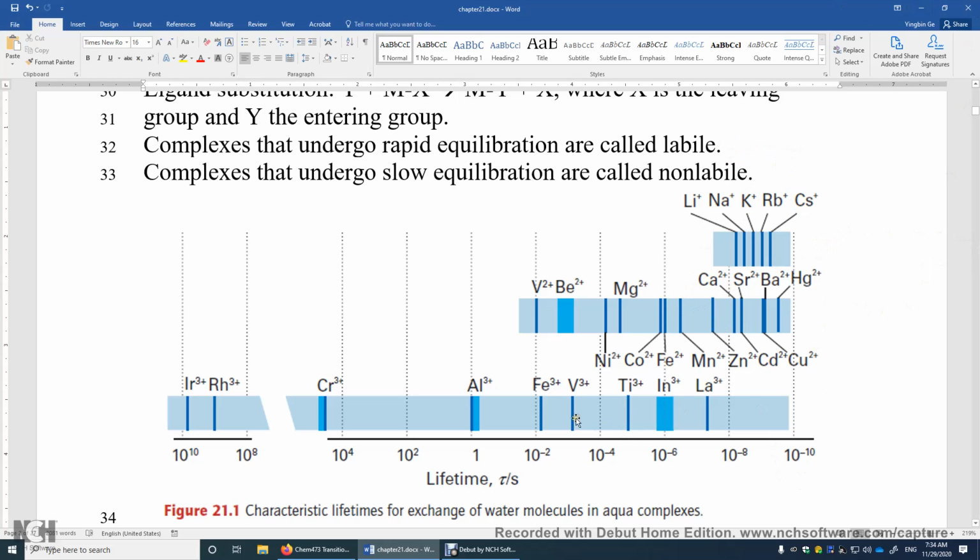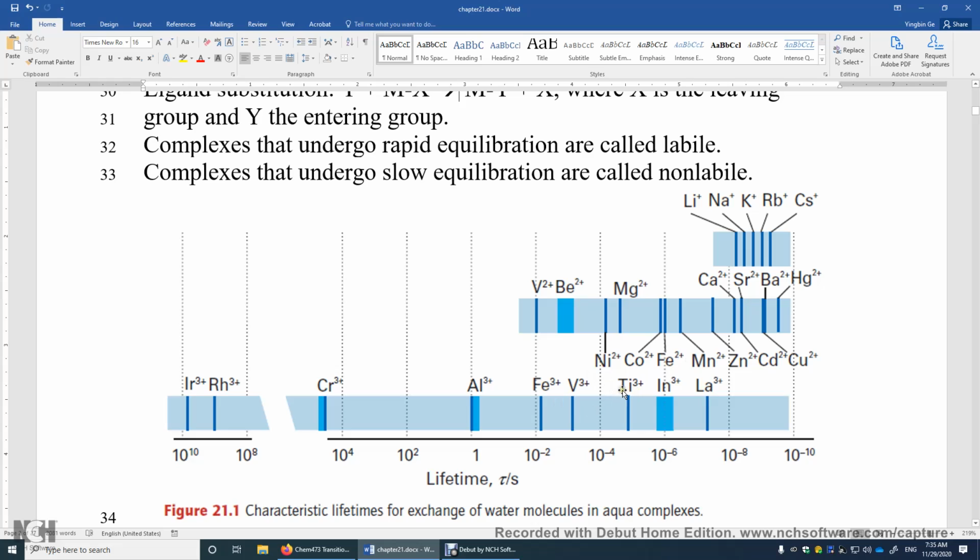Okay, now let's look at these 3+ ions: titanium 3+, vanadium 3+, iron 3+. Overall, in general, they are less labile than the 2+ 3d transition metal ions.